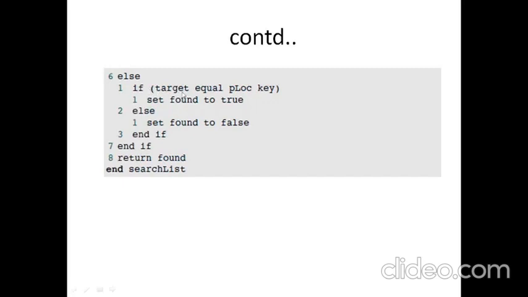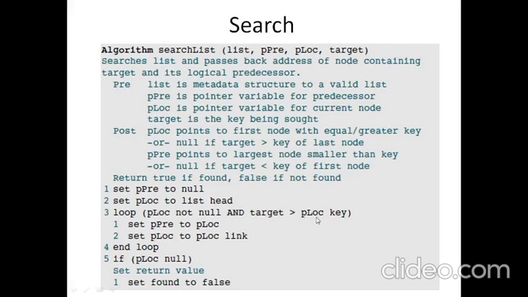Whereas if target equals p location, this is the ideal aim we are looking for, that we are successfully finding the value. So set found to true. Can you guess what this else is representing? This else actually indicates the second case, that is target greater than p location key.